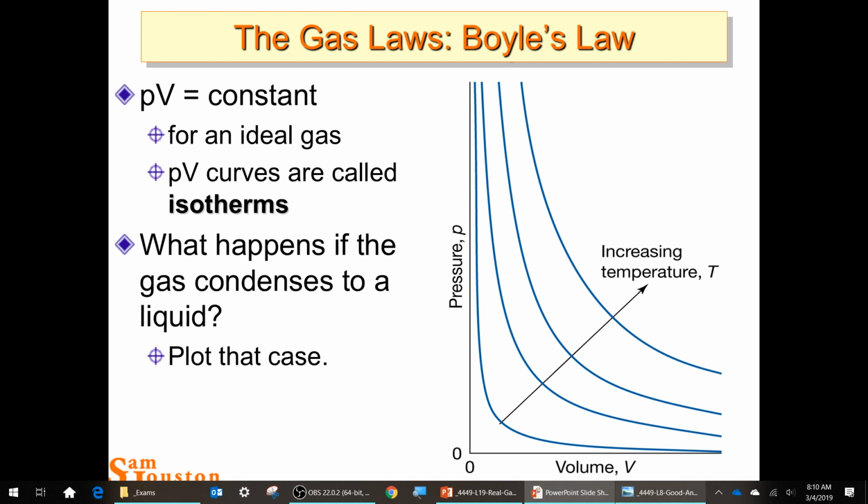These are the isotherms for an ideal gas, and you have no condensation in an ideal gas. And so what if you did have condensation? What would it look like? So let's come in on, let's say, this isotherm right here, and we say right here we hit the vapor pressure of the liquid.